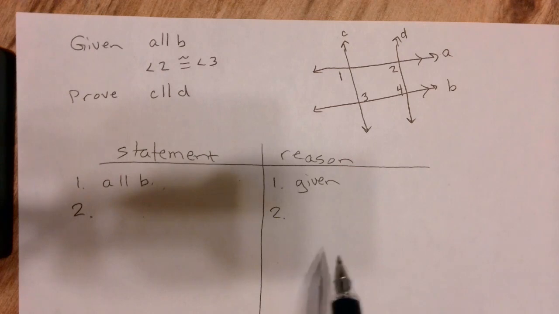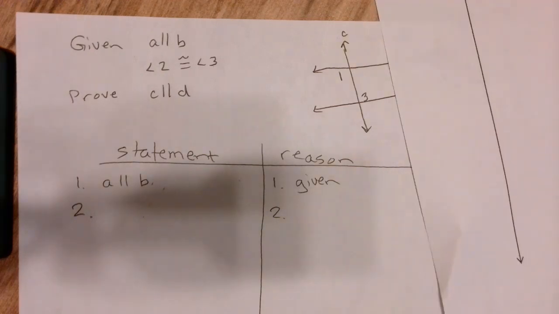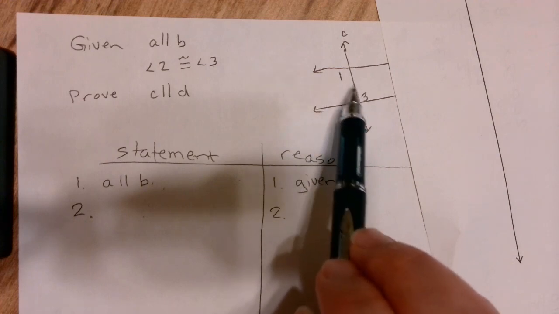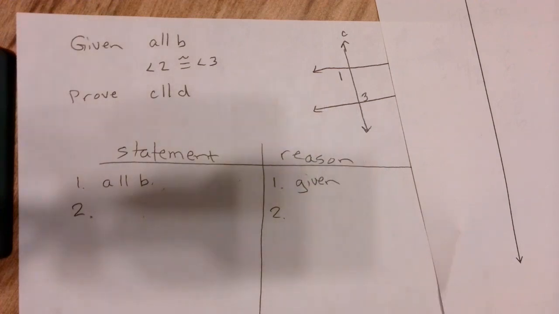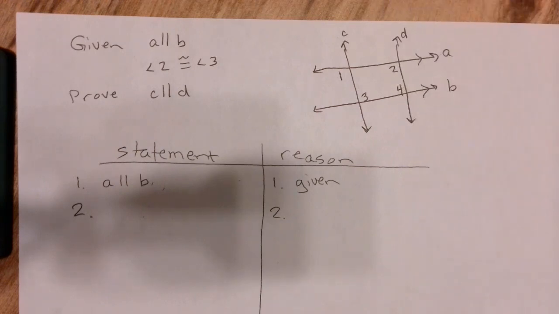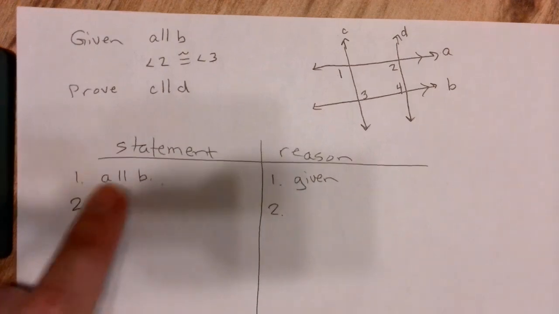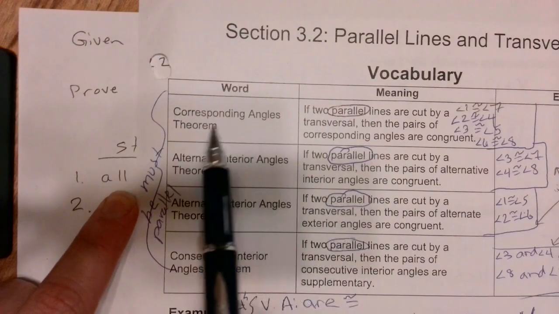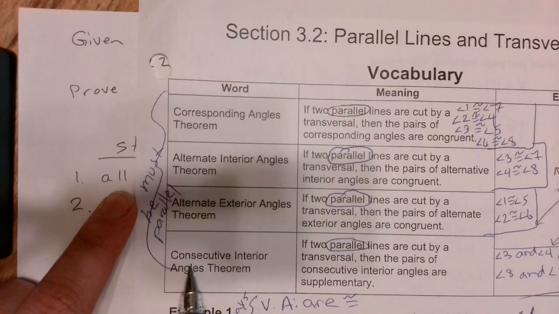So let's see here. A and B are parallel. C is a transversal. What do we have in that picture right there? We have some alternate interior angles. And what do we know about alternate interior angles when the lines are parallel? Well, because A is parallel to B, we know that because it's told to us, we're going to use the theorems.